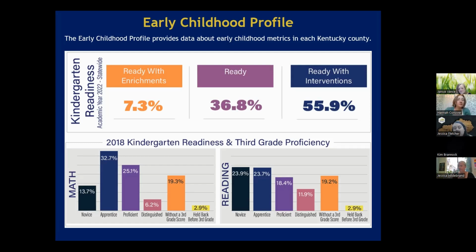That number changes based on what county you're in. So whether you're in Jefferson County or Hazard, that number is always going to be a little bit different depending on where you are. And the profile dashboard allows you to toggle the different counties and find information related to your local area.